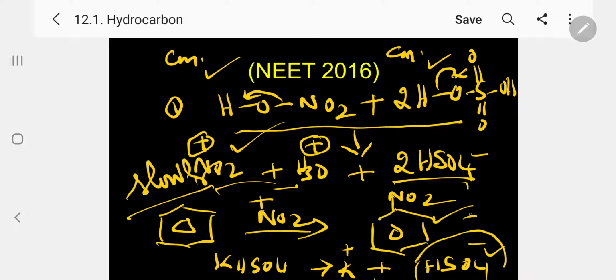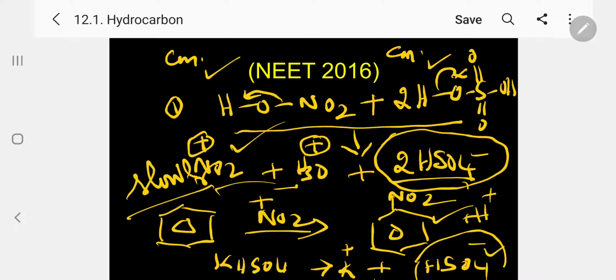And in presence of potassium hydrogen sulfate, which is a strong electrolyte, ionization produces potassium and hydrogen sulfate. This hydrogen sulfate ion is already present in the reagent mixture, so it is a common ion. Because of the common ion effect, the reaction will be favored backward. That means nitration will be lowered. The nitration reaction will be slowed down.